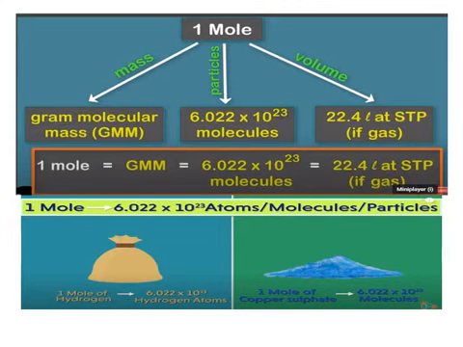Now in the previous slide we have seen for the particles. It is for 6.022 into 10 to the power 23 molecules. And when we take the volume of gases, it will be equal to 22.4 liters at STP. STP refers to standard temperature and pressure.